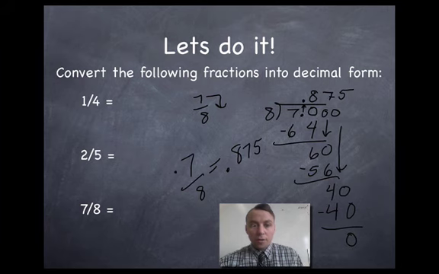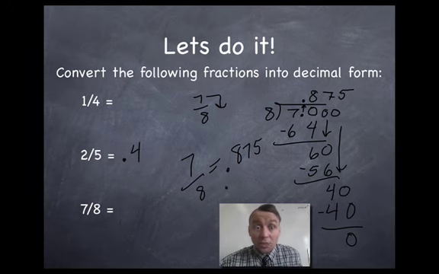So now look, right? Do you remember 2/5? It was equal to 0.4. Now, since I know how to compare decimals, I can also very easily compare fractions, right? What's bigger, 0.4 or 0.875? Well, that's easy, 0.875.